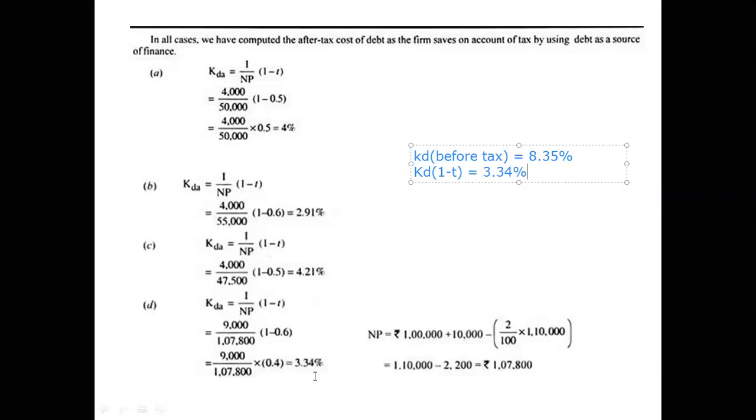So all of you please take down. I think you all have finished.